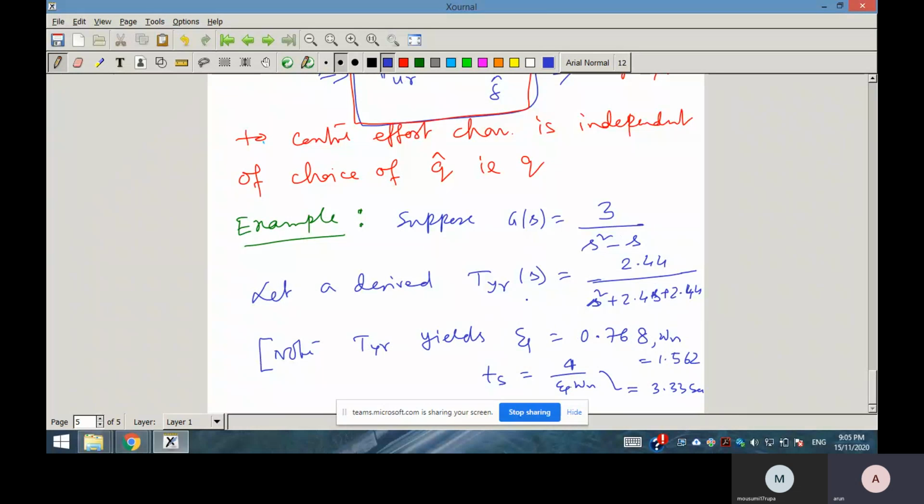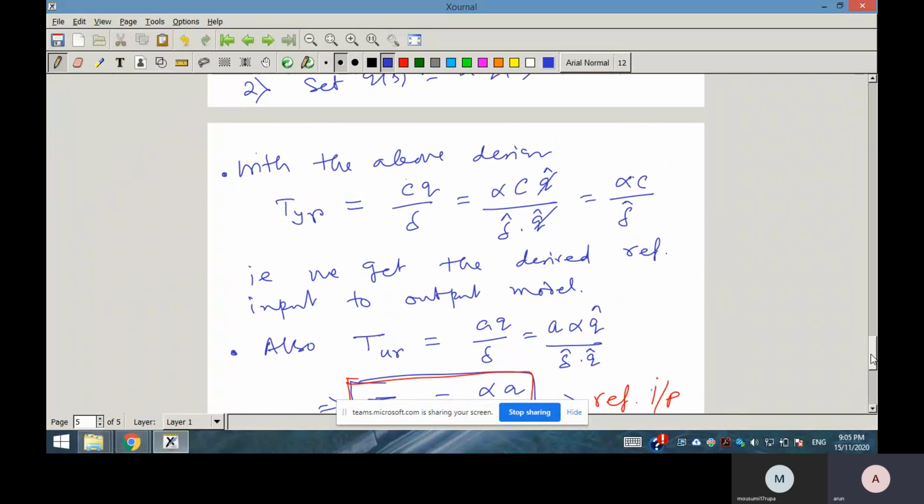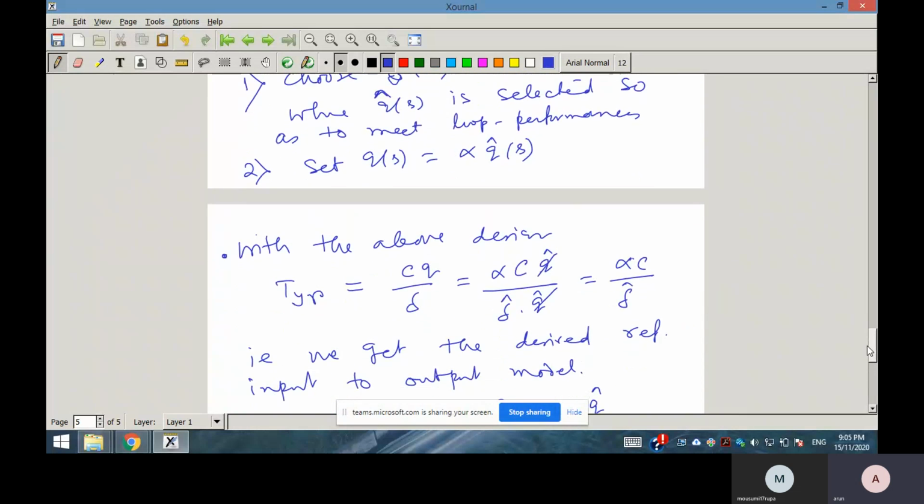So this is the reference input to output model I want to match, using 2-degree of freedom control. Then what is the flexible parameter mine? So now I have to choose Q hat S, a proper Q hat S. So the first step in your design will be choice of a proper reference model. And then the second step is choice of Q hat S. And then third, QS will be known to you.